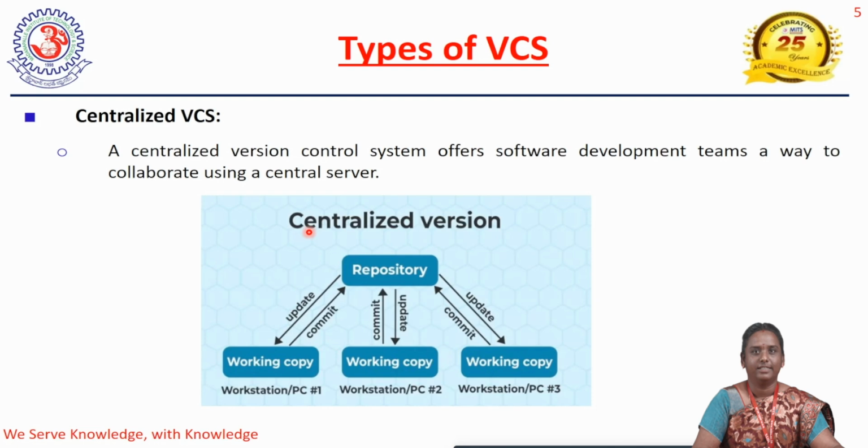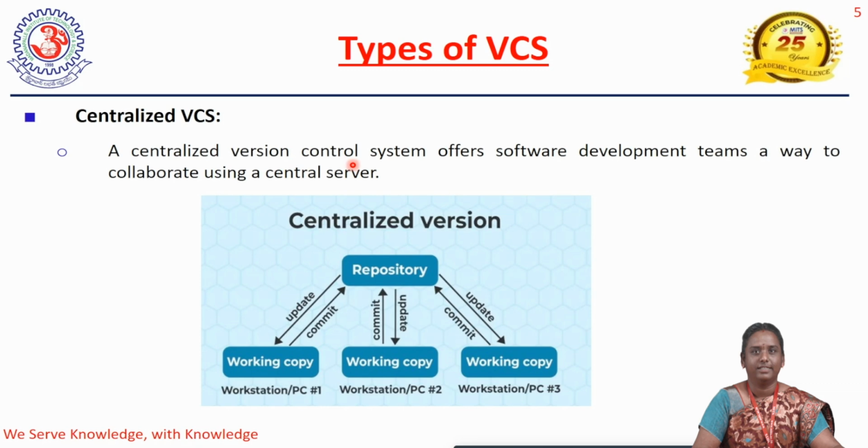So here the definition given is: centralized version control system offers software development teams a way to collaborate using a central server. Can you see the words central server over here? The words central server represent that the code will be residing in the central server, and developers will be taking the code from the central server when they want to work, and they will do all the changes in that server.